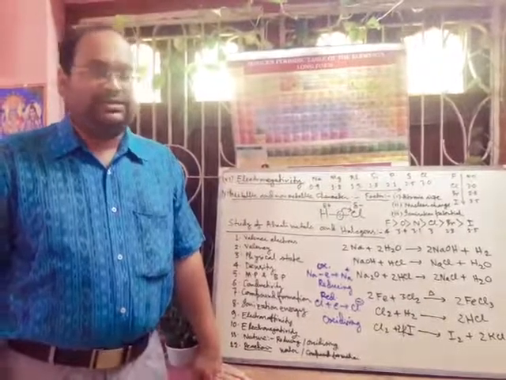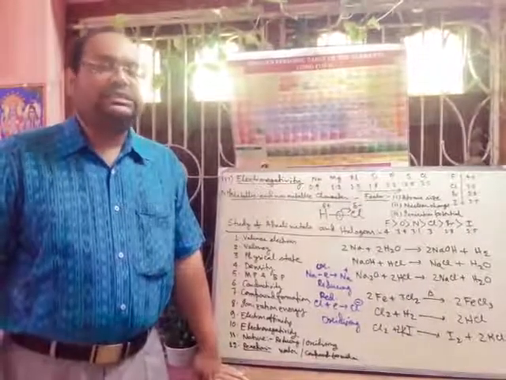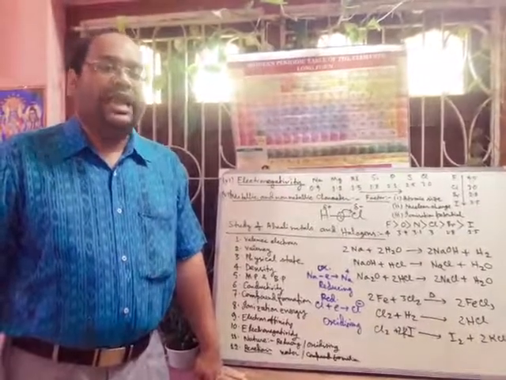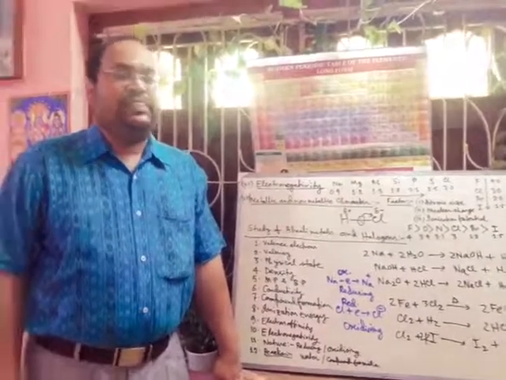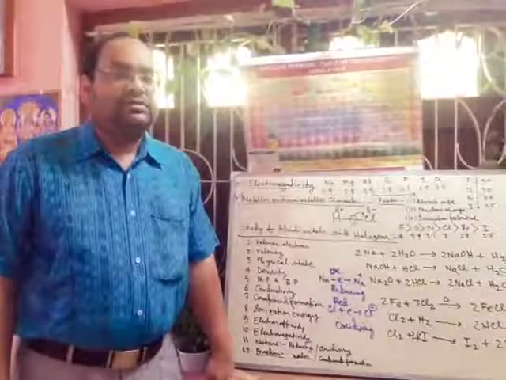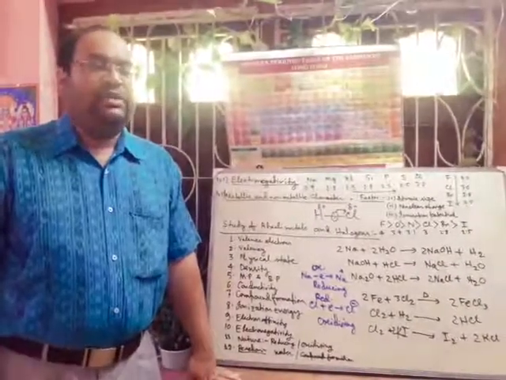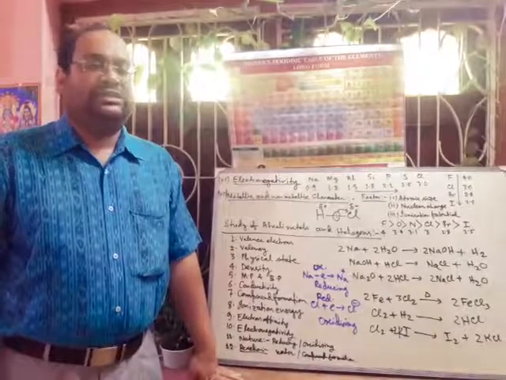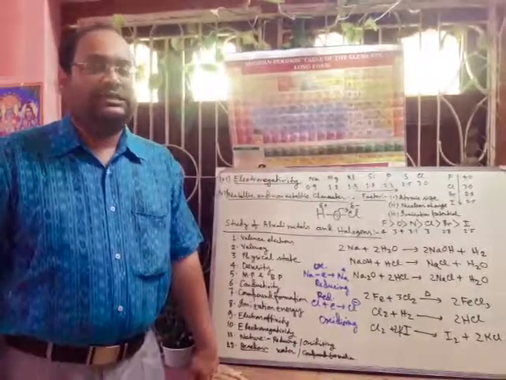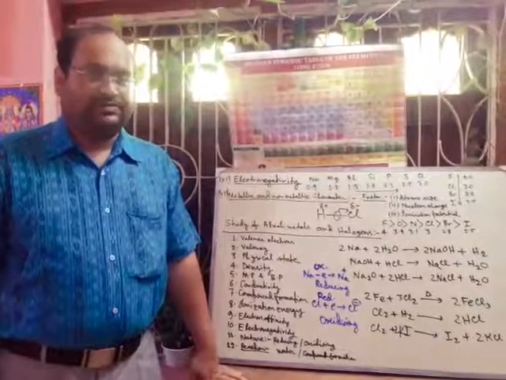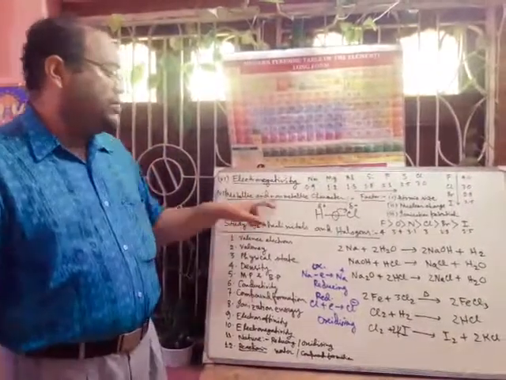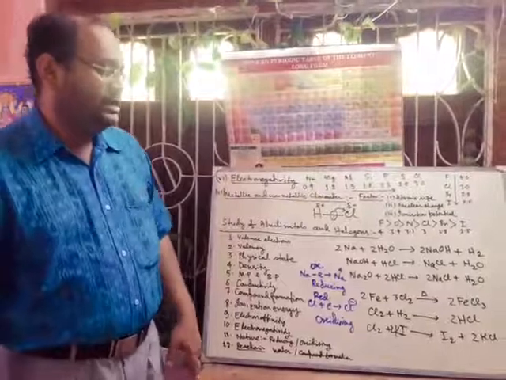They are called metals. And those elements that can gain electrons very easily and form the negative ion, like chlorine accepting one electron forming Cl minus, are called non-metals.